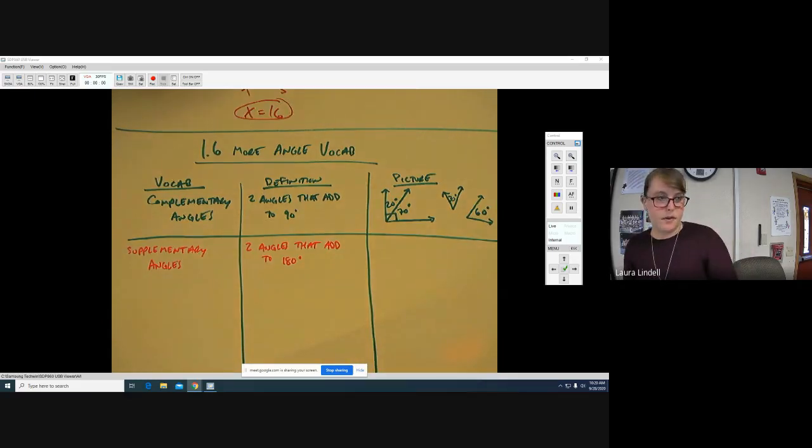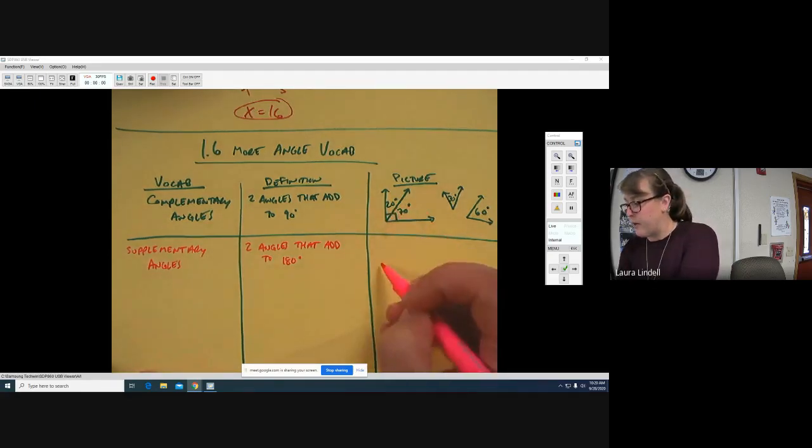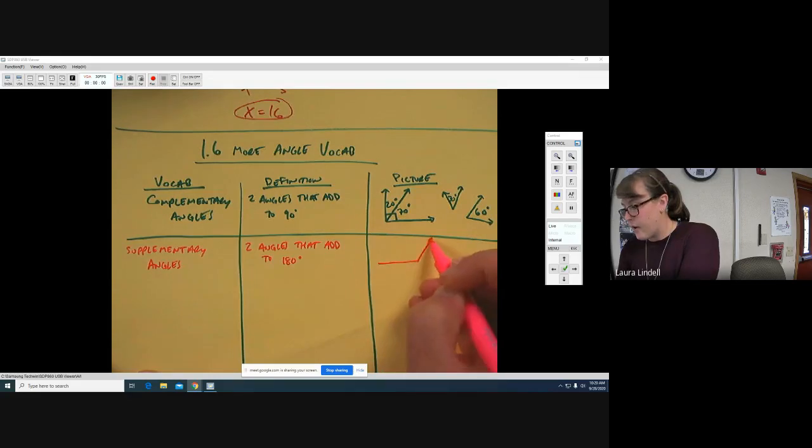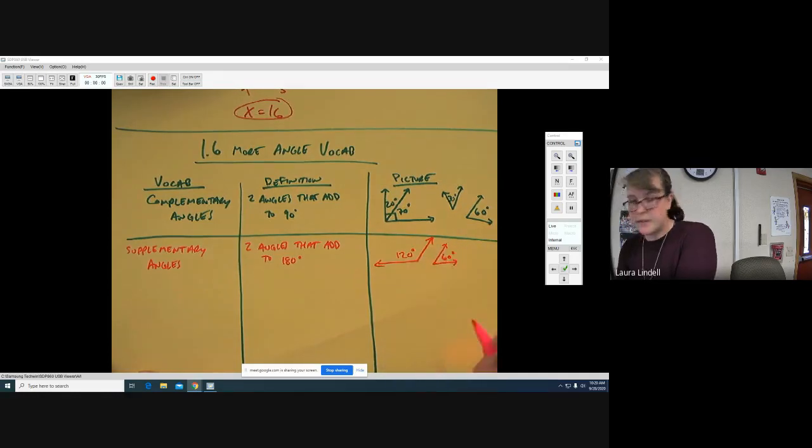Okay. So again, like complementary, they could be touching each other or they could be not touching each other. Either way, we could say this is 120 degrees and this is 60 degrees. Those two angles would be supplementary because they add to 180.